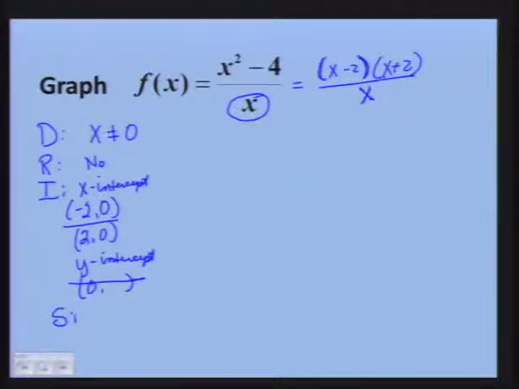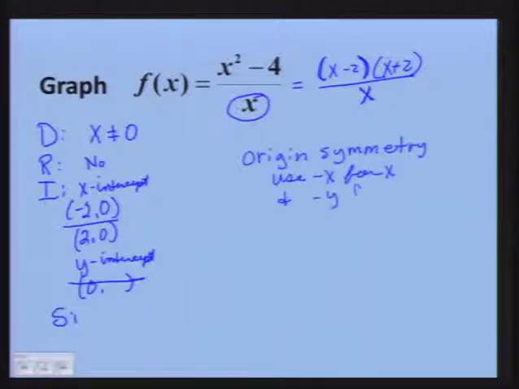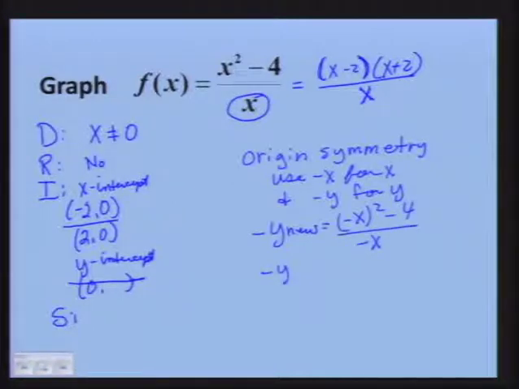Okay, to check for origin symmetry, and I'm going to check for that first because I know that's what we have here, and you may be able to see that now. We will use opposite of x for x and opposite of y for our y. So opposite of y equals opposite of x squared minus 4 divided by opposite of x.